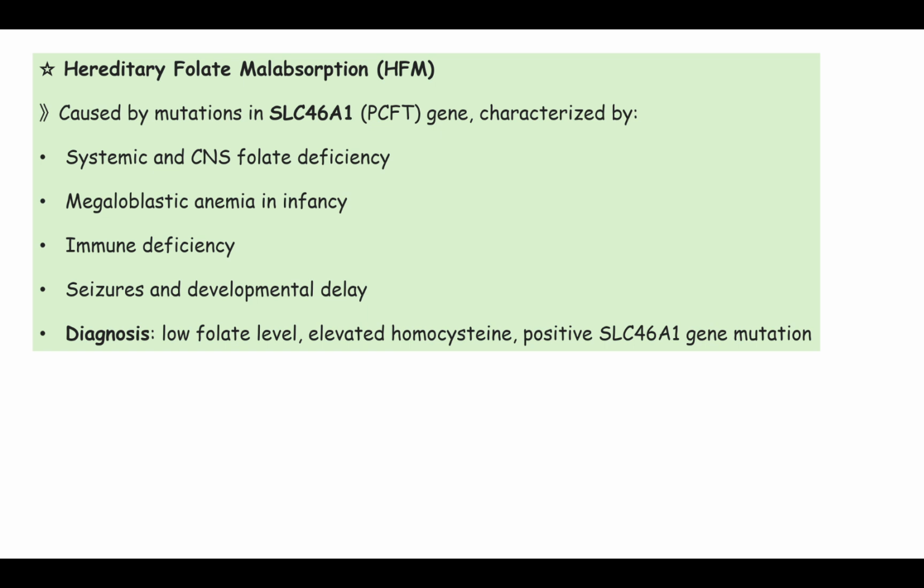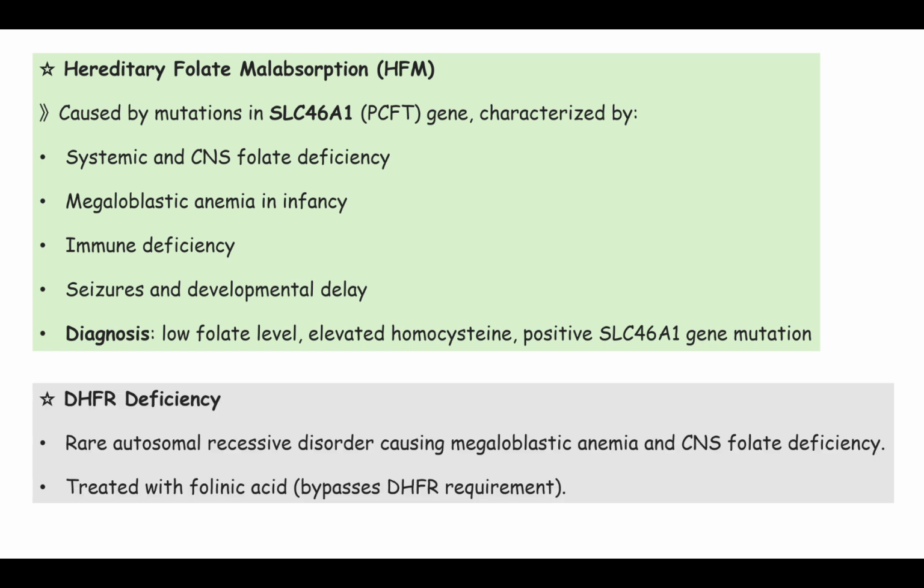Diagnosis is suggested by low folate levels, elevated homocysteine, and confirmation of an SLC46A1 gene mutation. Also included here is DHFR deficiency, a rare autosomal recessive disorder that causes megaloblastic anemia and central nervous system folate deficiency. Treatment in that condition is folinic acid, which bypasses the need for DHFR.